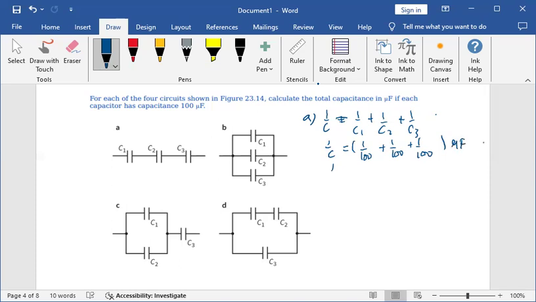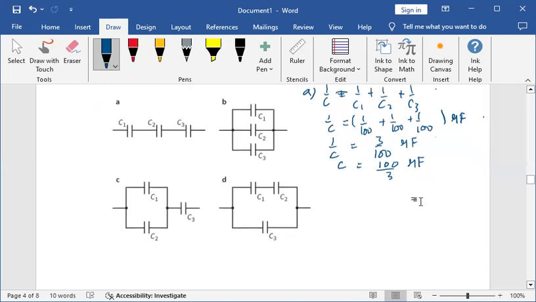So 1 over C is 3 over 100 microfarad. So C is 100 over 3 microfarad, or 33.3 microfarad.